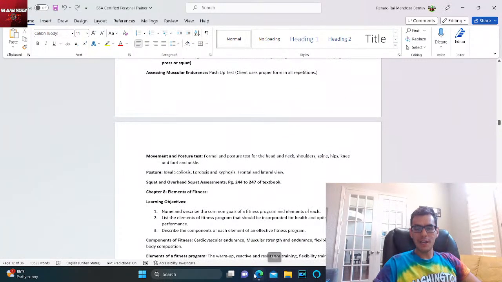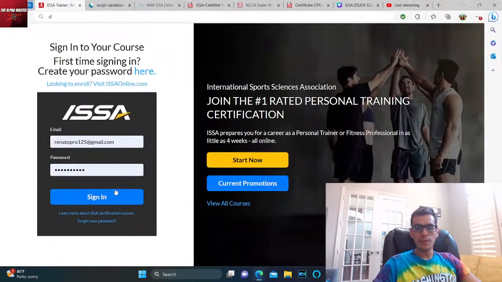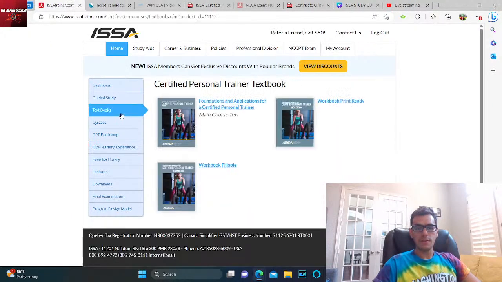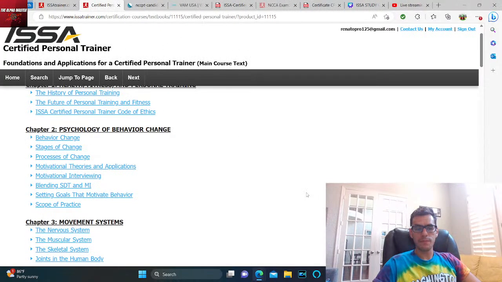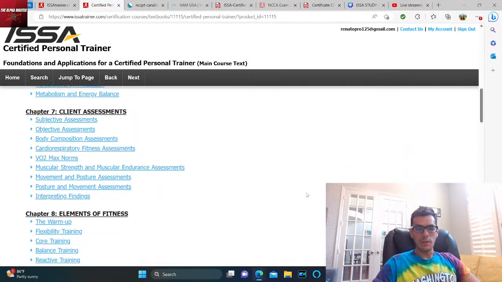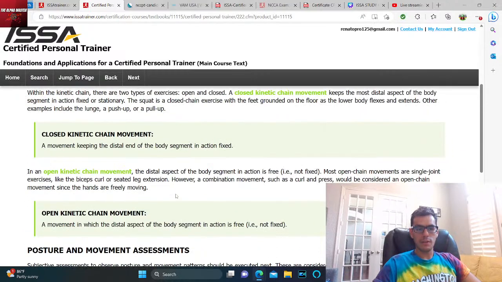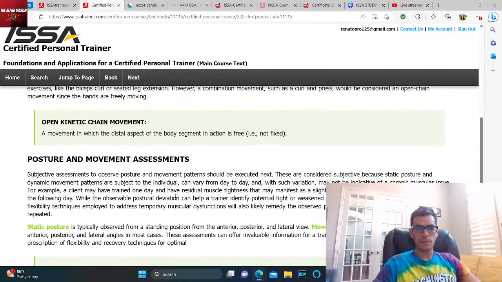First, just out of curiosity, I want to see in the textbook if they actually have those squat assessments in here. Head and neck, kinetic chain movements.